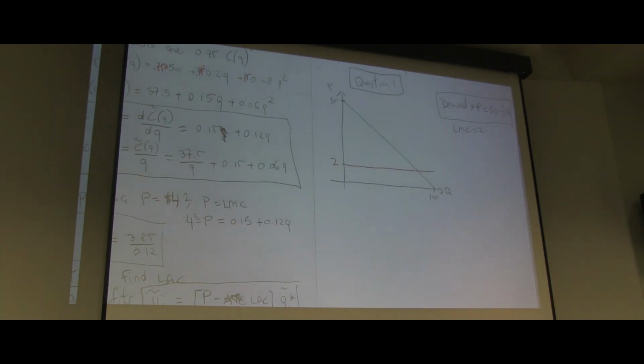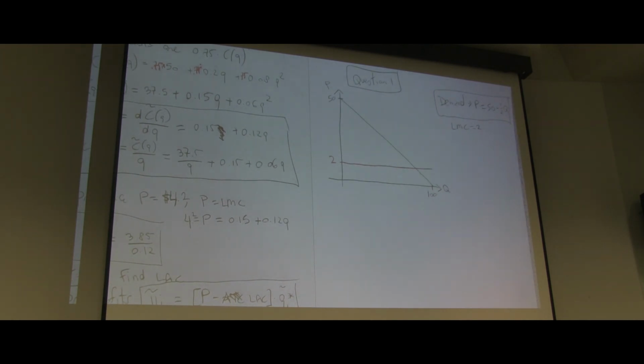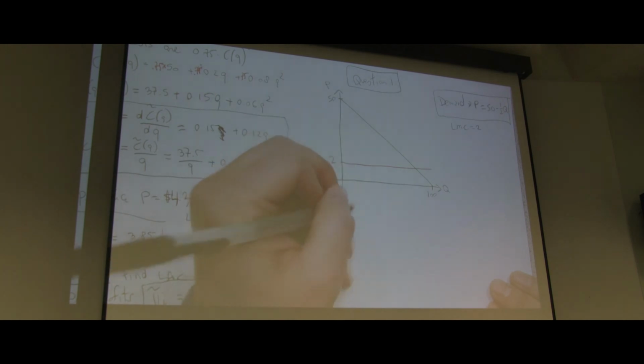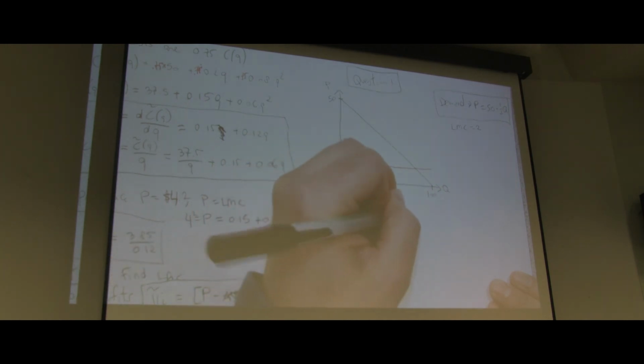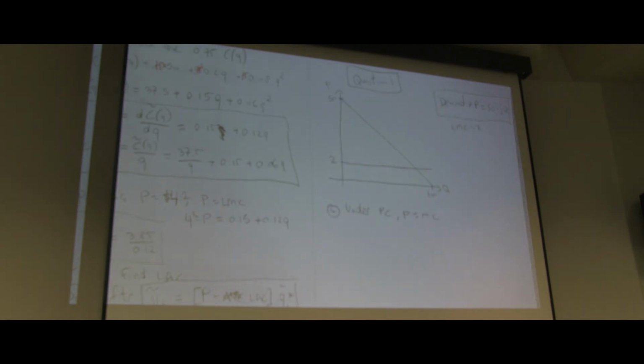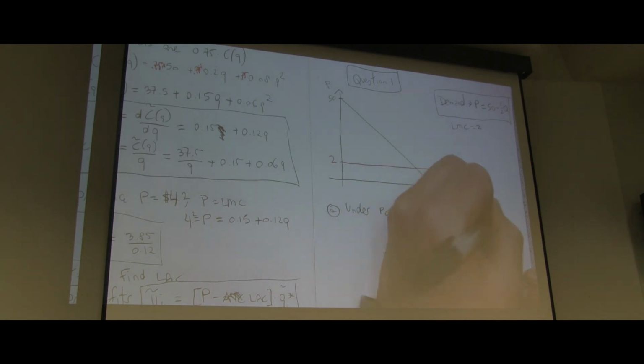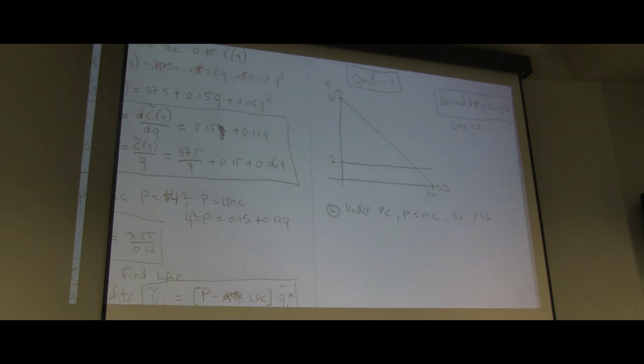The first part of the problem is what happens if cat food behaves like a perfectly competitive firm. So under perfect competition, price equals marginal cost. You always set the price equal to the marginal cost. So your marginal cost is 2, so the price is going to be 2. And then what's the quantity? Well, now you're going to look at the demand.